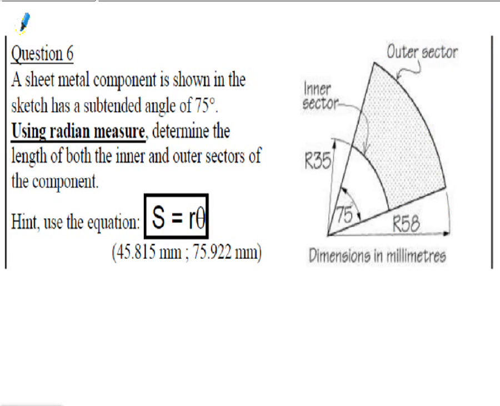The following questions are now practical examples of using radian measure. They're contextualised. So in question 6 you're given a sheet metal component shown in the sketch, and the angle subtended is 75 degrees shown here. With both the inner shown here and the outer shown here sectors of the component.